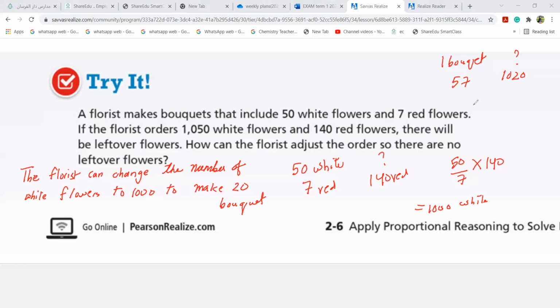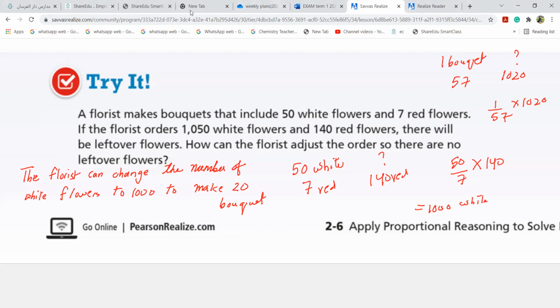They want how many bouquets? So it will be 1 over 57 times 1,020. Are you able to understand, girls? It's complicated. You have to find many things in one question. 1 divided by 57, multiplied by 1,020. So you get 17, almost 20 bouquets.